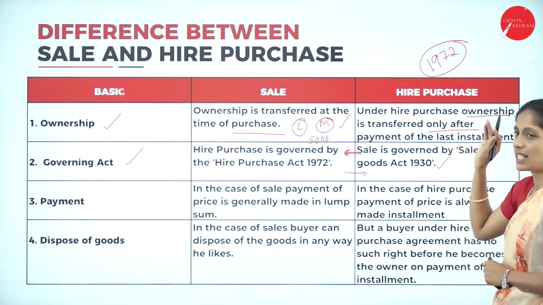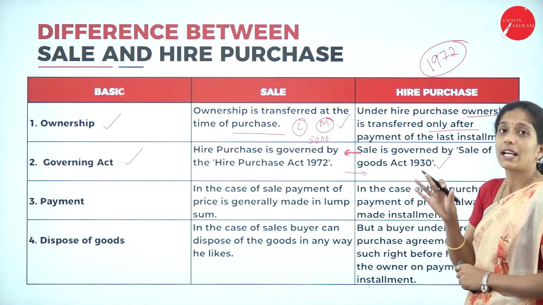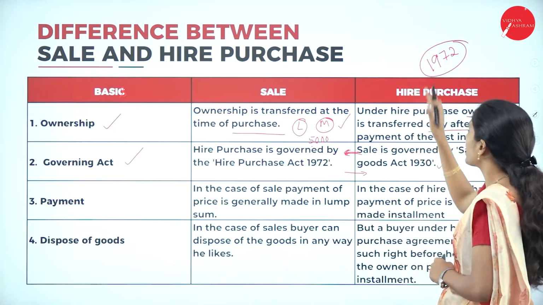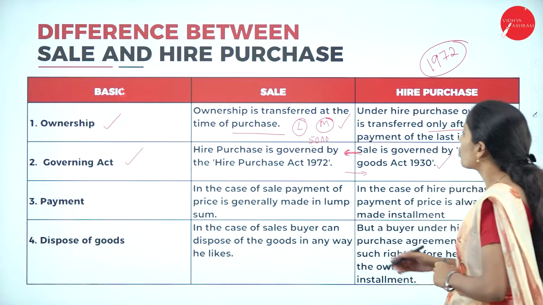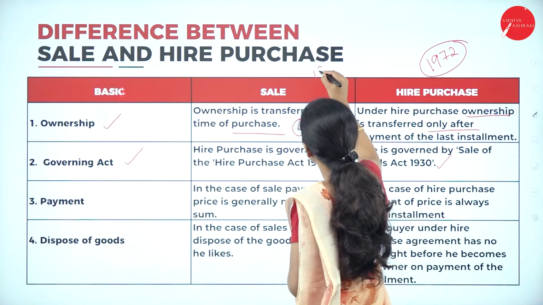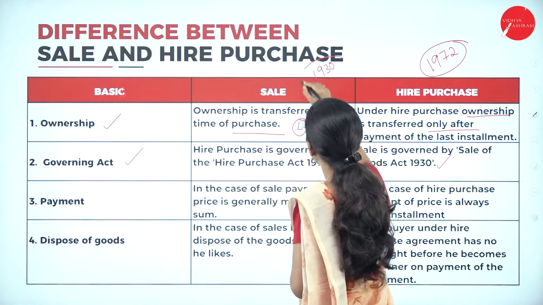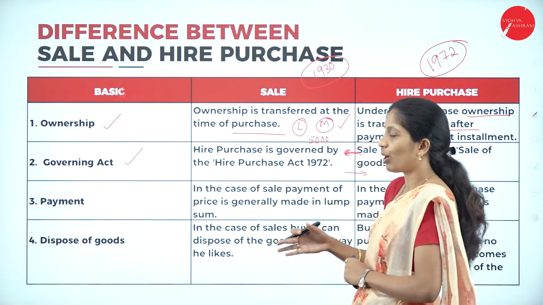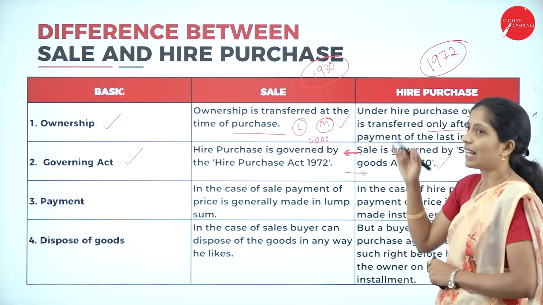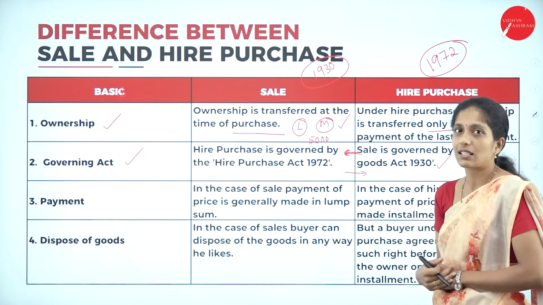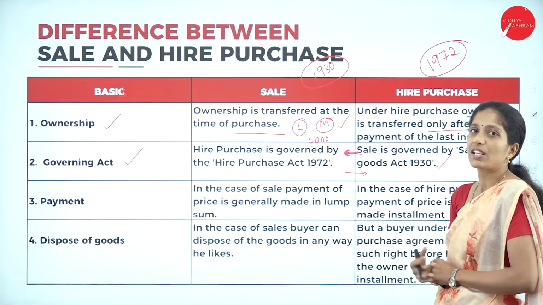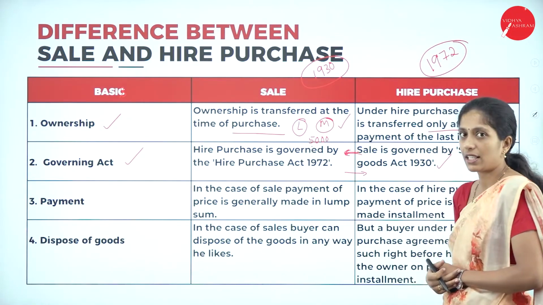So hire purchase is governed by the Hire Purchase Act of 1972, whereas sale is governed by the Sale of Goods Act of 1930. So here there are two different governing acts, where sale is governed by the Sale of Goods Act 1930, whereas hire purchase is governed by the Hire Purchase Act of 1972.